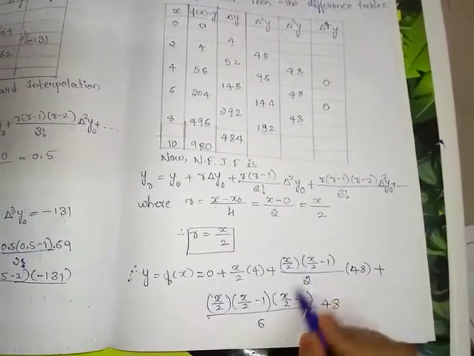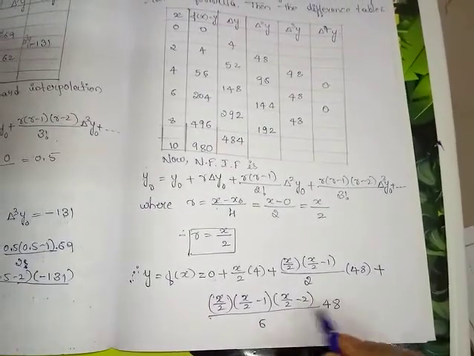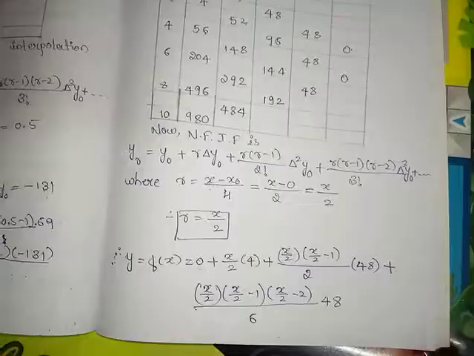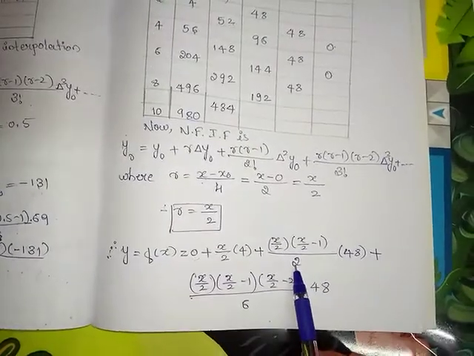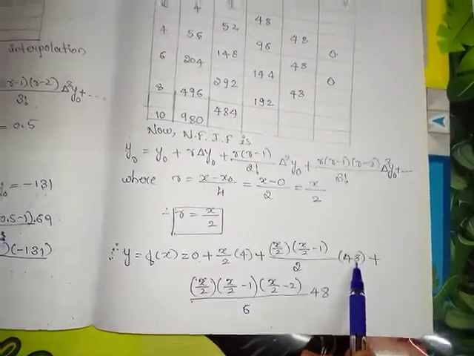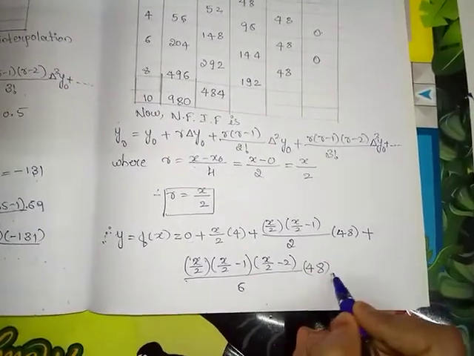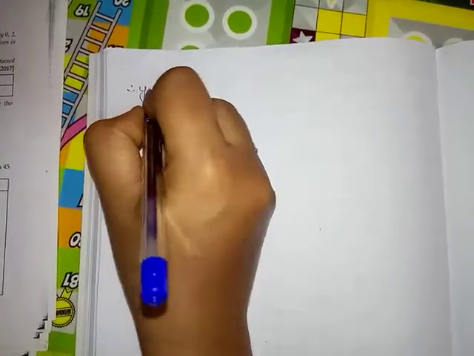For that, first we have to solve this term by term. Let us solve one by one. Before that, see here, this 2 cancels with this and divides to give 24, and 6 ones are 6, 8s are 48.